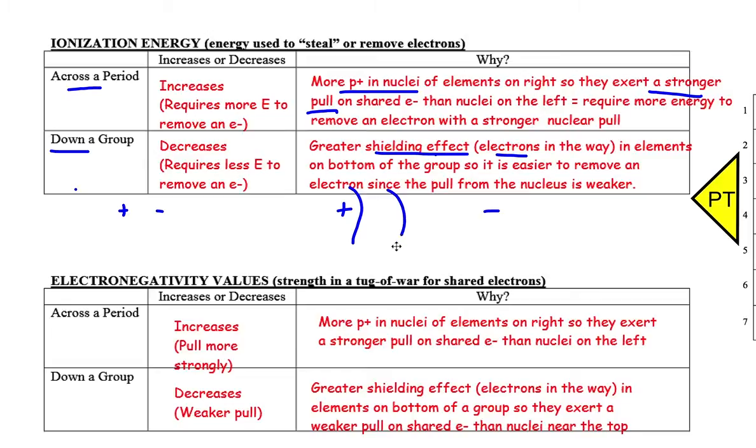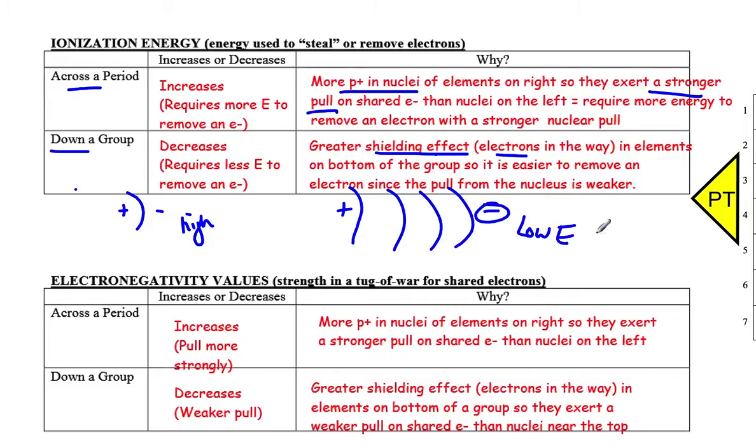So if you have lots and lots of energy levels, it's easy to steal an electron because it's so far away. But if you're trying to steal that electron, it's so close, you have to use lots and lots of energy. So high energy to steal that guy, low energy, you don't need much to steal an electron here.